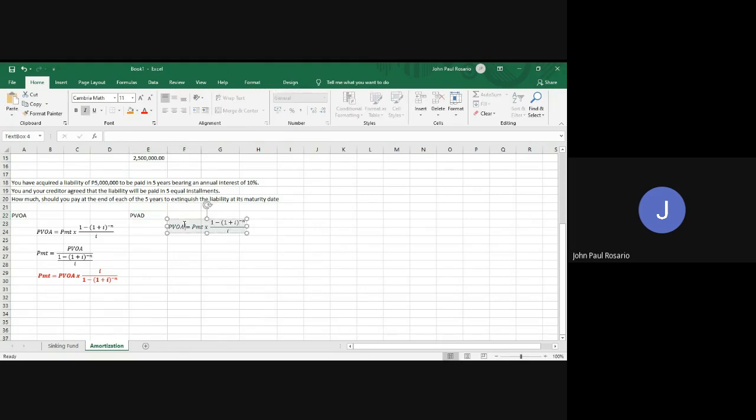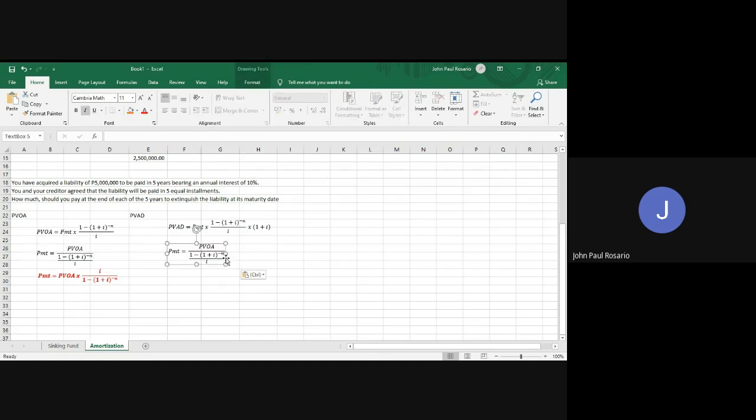For that, we'll change this into annuity due, and we simply have to add another expression here, which is times 1 plus I. So by adding 1 plus I to our formula, it now becomes the present value of annuity due.